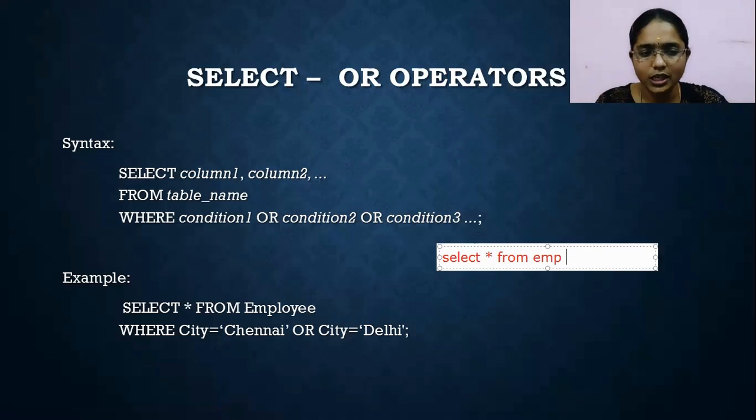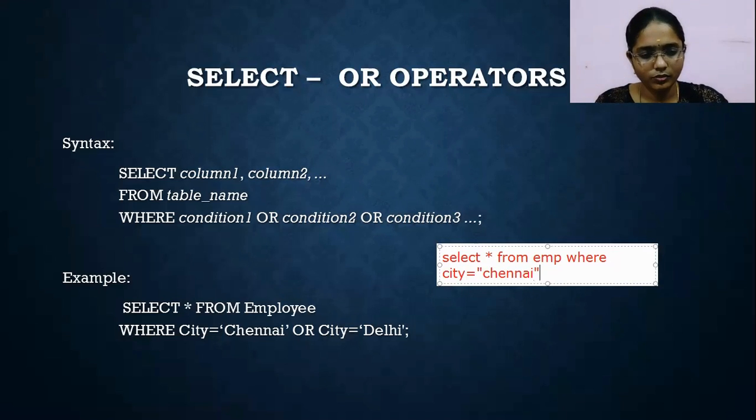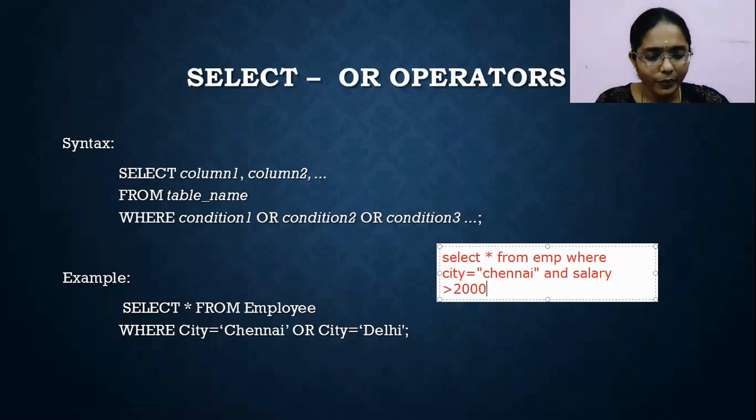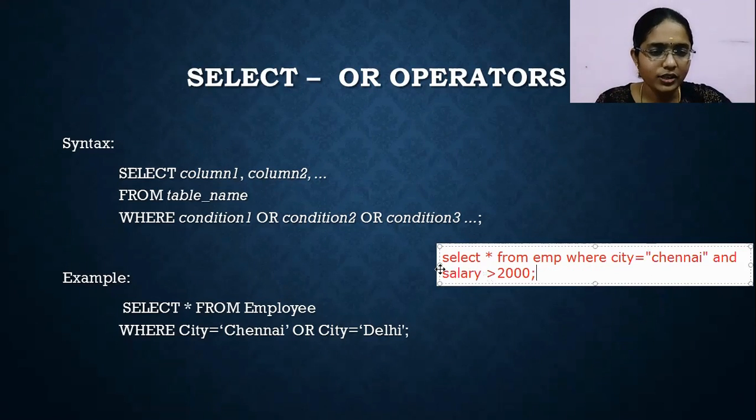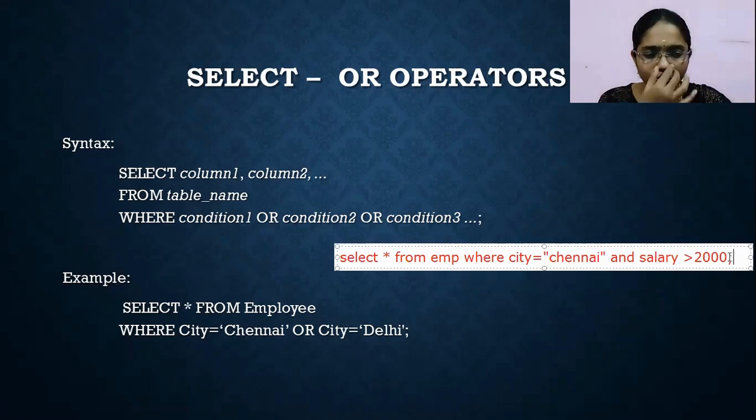Let me assign the table name as EMP, WHERE city is Chennai AND salary is greater than 20,000. I can apply a condition like this. Here what happened? Only the employee whose location is Chennai as well as whose salary is greater than 20,000 will be fetched.